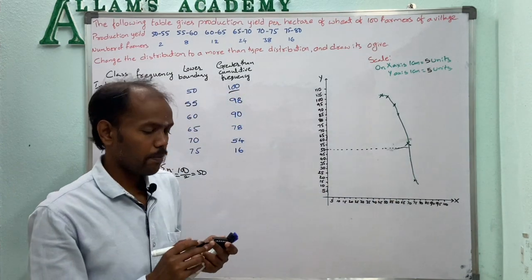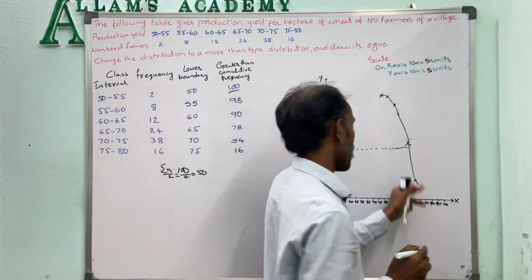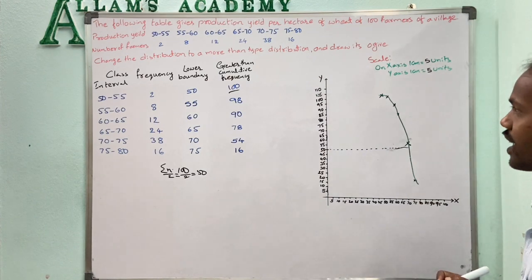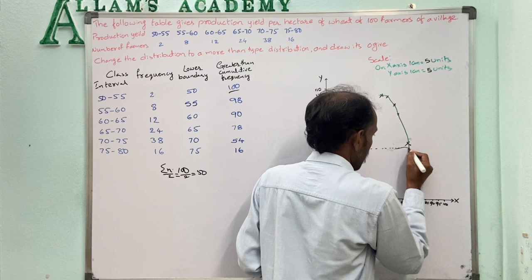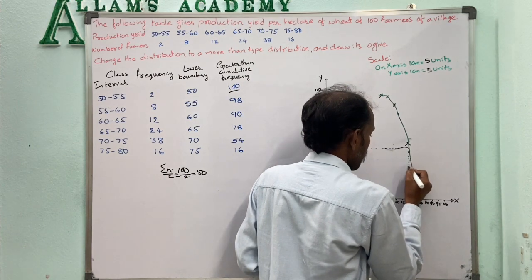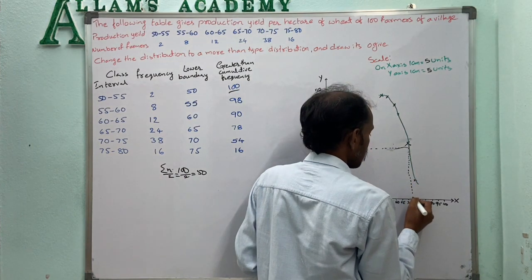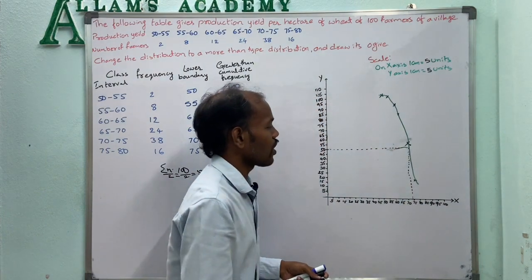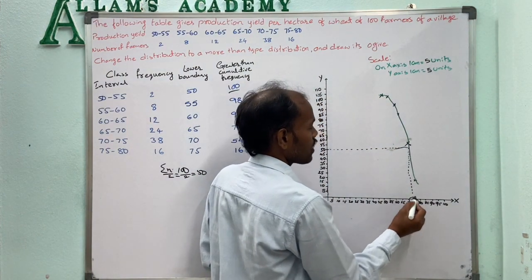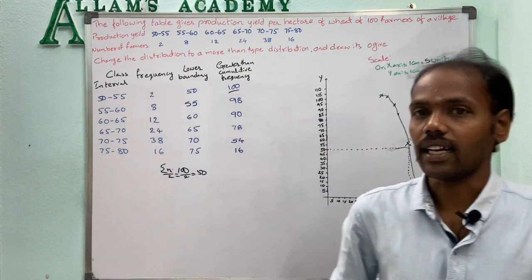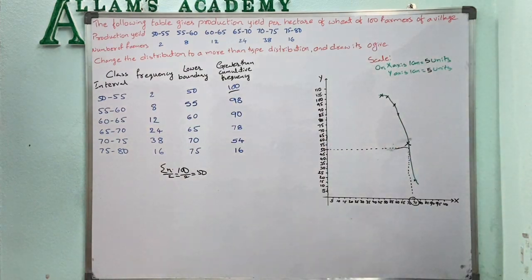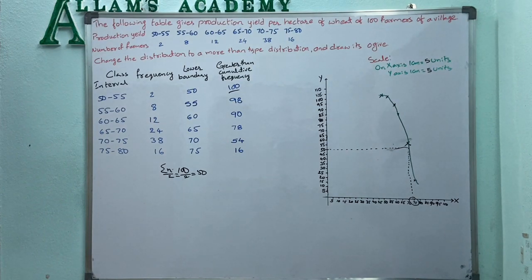Now from this point, if we draw a perpendicular line to the x axis, it touches the x axis here. So this point is giving the median of the data.